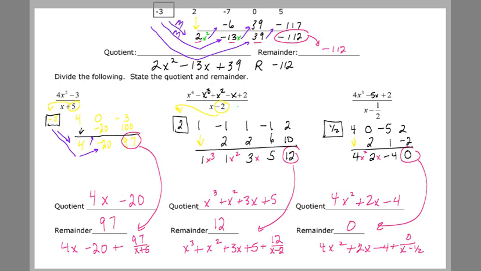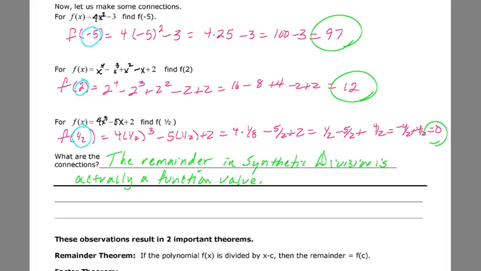But be careful, these guys I had to take the opposite sign of when I went from here to here. But notice the number in the box is the actual number that we put in the polynomial on the next page when we found the function value. So in synthetic division, the remainder is actually a function value. We'll just call it f of c. I don't want that. I want this.